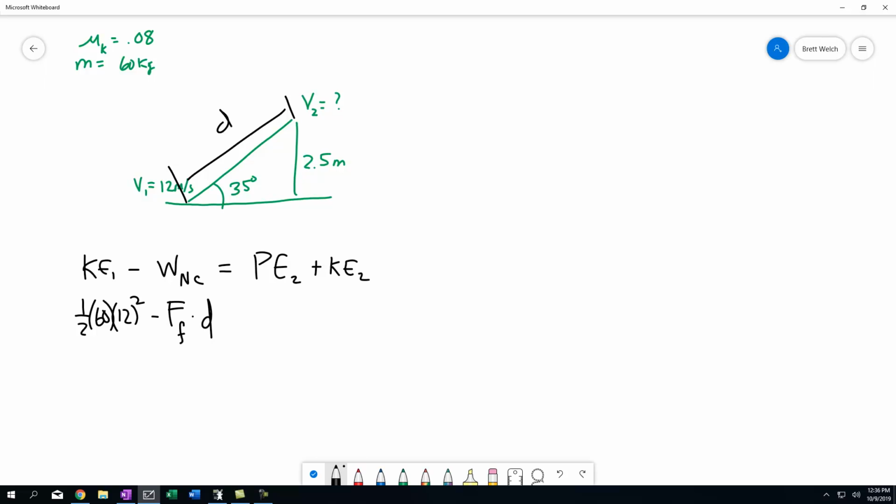So we're going to figure out how much friction is working on the skier, and then also what d is. Friction is not just the 0.08. That's just a piece of the puzzle. We're going to have to come back to that. But over here, potential energy, that'd be our mass, again, of 60 times gravity, 9.8, times the height change, which is 2.5, plus 1/2 the mass, which is 60, times the unknown v2, which needs to be squared.